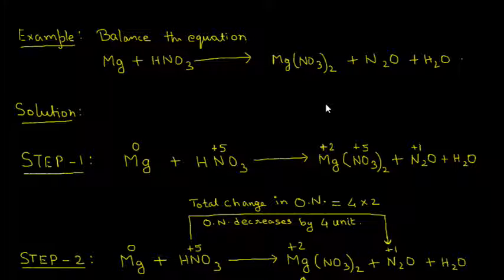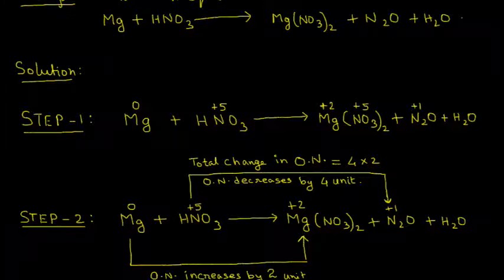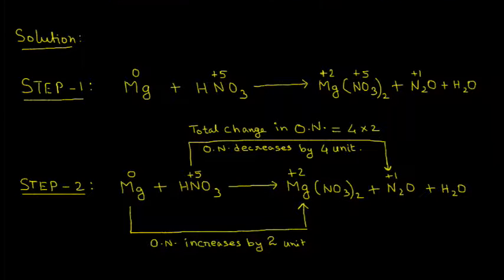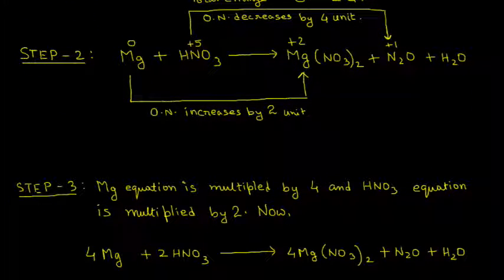Now in step 2 we write the change in oxidation number. Mg's oxidation number increases by 2 units, and nitrogen's oxidation number decreases by 4 units. This is step 2. In step 3 we cross multiply with the change in oxidation number.